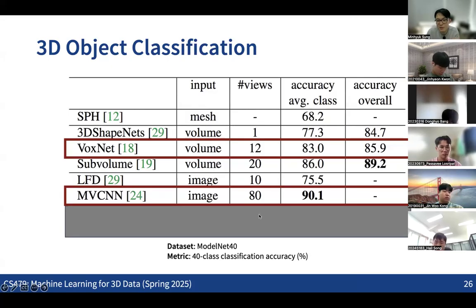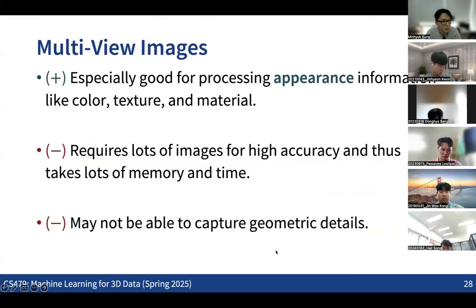Compared to typical image classification, which uses a single image, this becomes a task with 80 images for a single object, which is still not a very efficient representation. To get good quality outputs, we need lots of images, which makes the process very inefficient, taking lots of memory and time as well. So that's an issue.